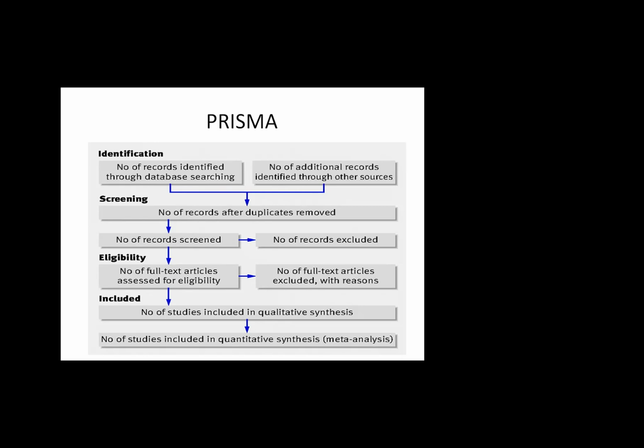For example, in the end, if I only have 80 or 60 articles, what inclusion exclusion criteria is supposed to apply on it, right? So you have to have correct identification before coming to the eligibility, and the included number of studies included in qualitative synthesis or quantitative synthesis.